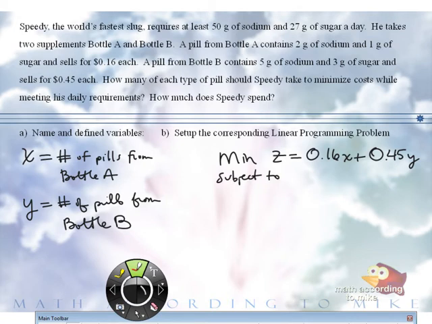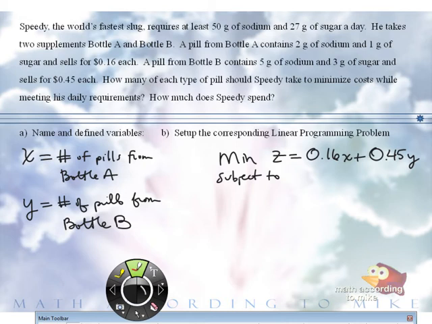And we have a couple constraints. What do we have restrictions on? Well, that's going to come later. But let's talk about the functional constraints. What are the ones that directly come from the word problem?